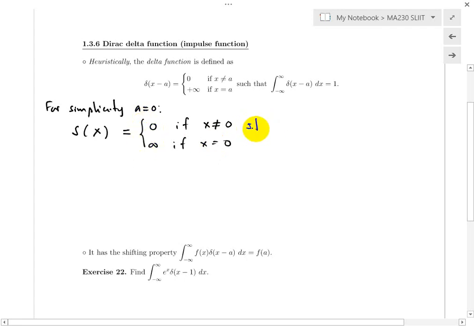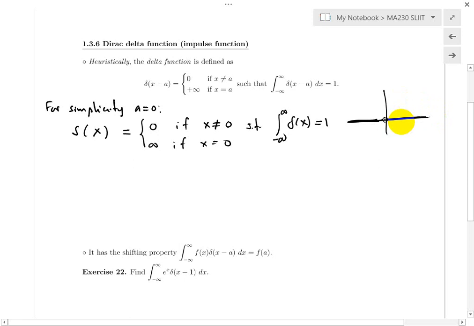And if we integrate from minus infinity to infinity of delta x, this area is still 1. So if you try to draw, this part is clearly 0, this part is clearly 0, and I cannot draw this. Actually in practice it is some large number, you can have some sort of spike.